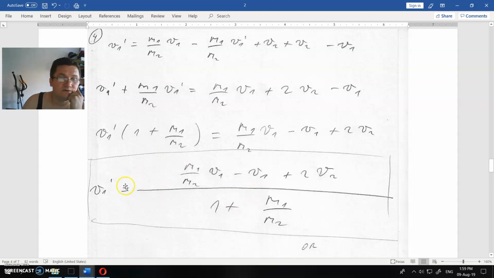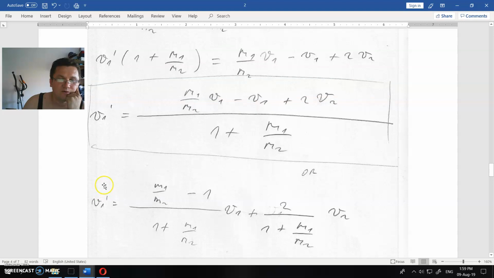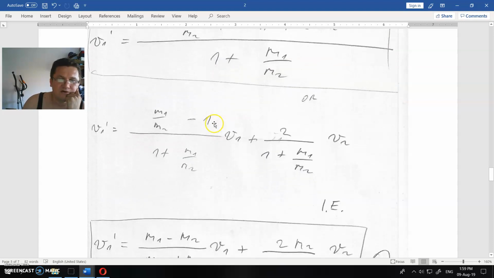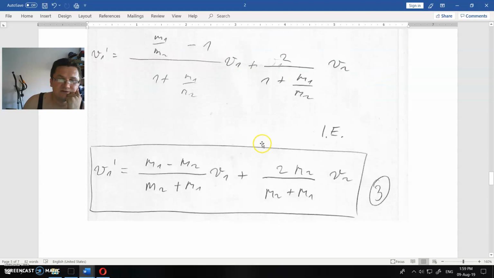So we rewrite this equation as this one. So this is unknown. Or you could write this one like here. Or if you play around with this a little bit, you will get this equation. Now this equation is something that is used widely in these problems, but this is how you get to it.